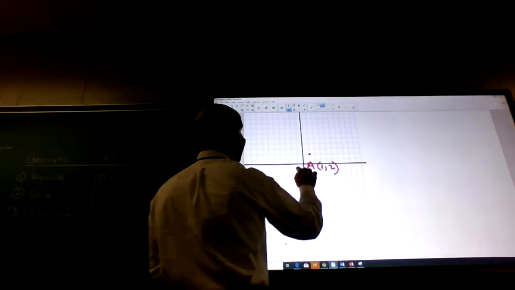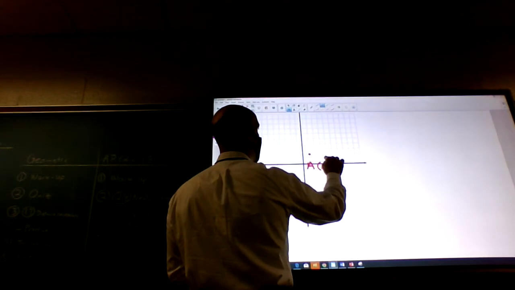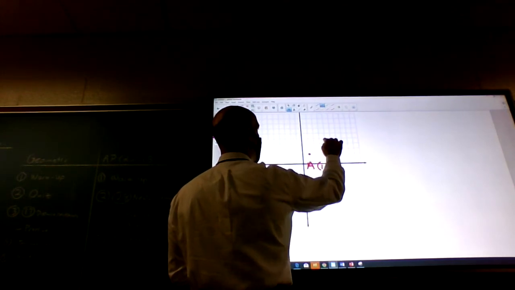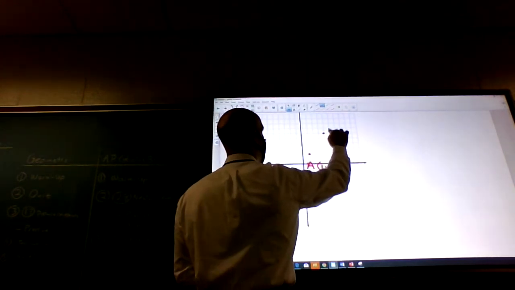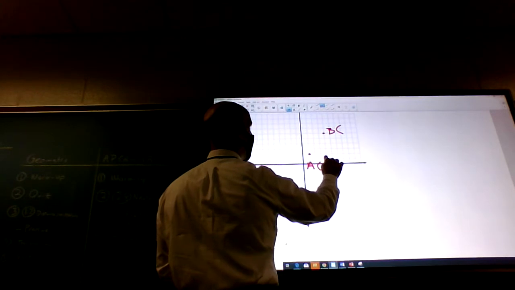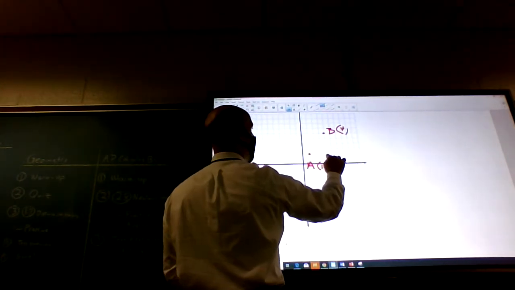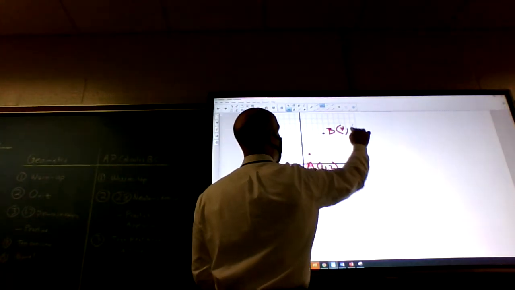Those are the coordinates of point A. And then let B be right there. So where's B? B's at 4, and then 6.